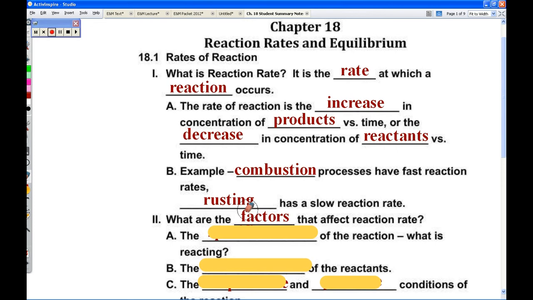Okay, what are the factors that affect reaction rate? You guys have heard of these before. These are the same ones that affect solvation, and when we saw the video on Friday, we've already talked about those. The nature of the reactants, first of all. Just what is reacting? The nature of the reactants themselves has an effect on the reaction rate.